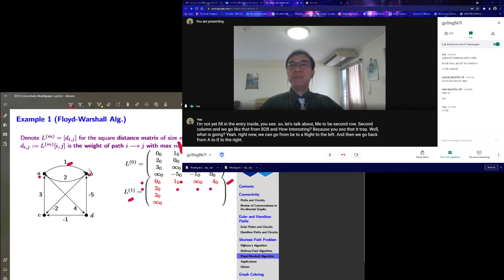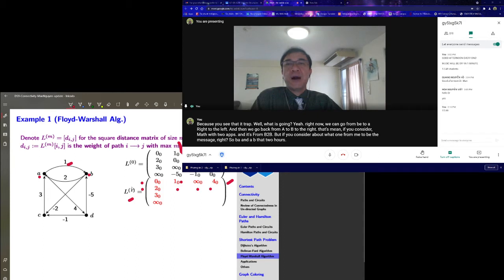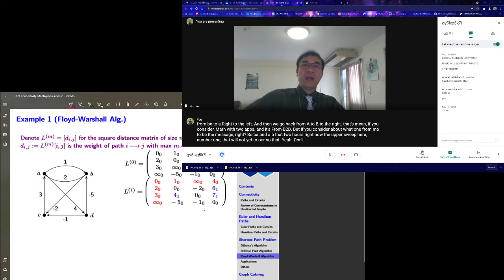That means if you consider a path with two arcs, then it exists from B to B. But if you consider a path with one arc from B to B, it does not exist, right? So BA and AB, that's two arcs. Right now, the upper strip here, number one, means not yet two arcs. So don't hurry to fill that in, not yet. That's why this one is still number 0, you see? You have to go very slowly.